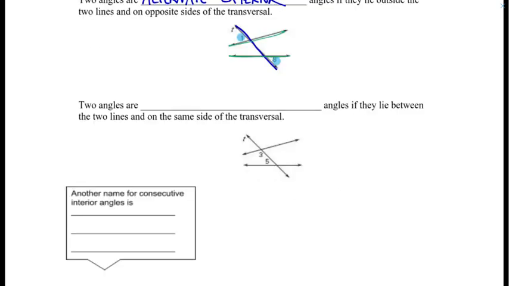And the last one we're going to talk about is consecutive interior angles. So consecutive interior angles lie between two lines and on the same side of the transversal. So because of that, another name for consecutive interior angles is same side interior angles.